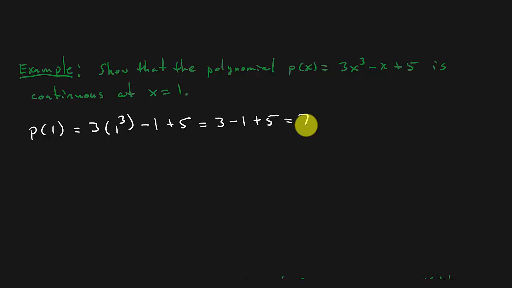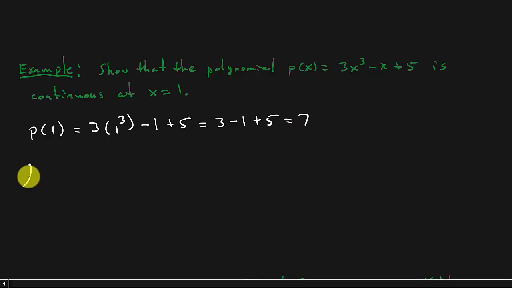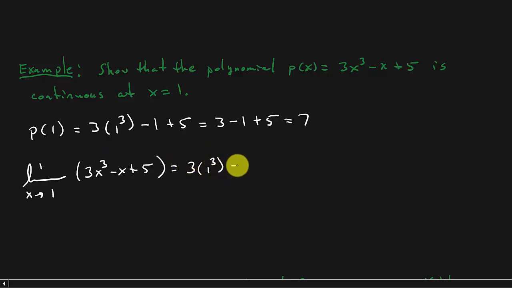And then we have to show that the limit exists. So the limit as x approaches 1 of p of x, which is 3x cubed minus x plus 5. Let me draw that 3 a little bit better. That's equal to 3 times 1 cubed minus 1 plus 5, and that equals 7 also. Okay, so the function's defined, that's step 1.